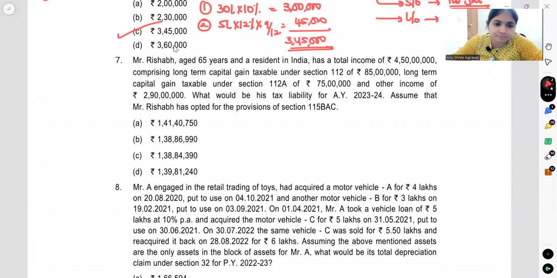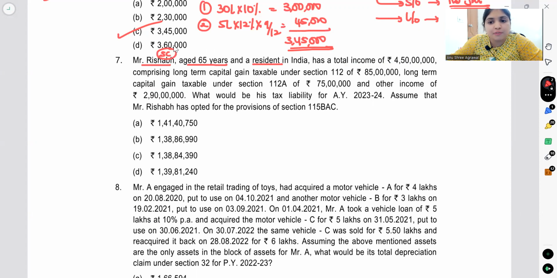Let us discuss this. Mr. Rishabh, age 65 years, resident in India. Guys, see, individual, resident, at least 60 years. I can call Mr. Rishabh a senior citizen. Just because he is 60, don't conclude anything yet.